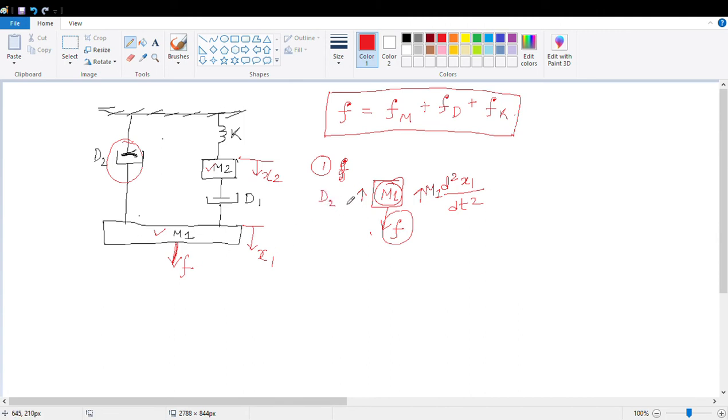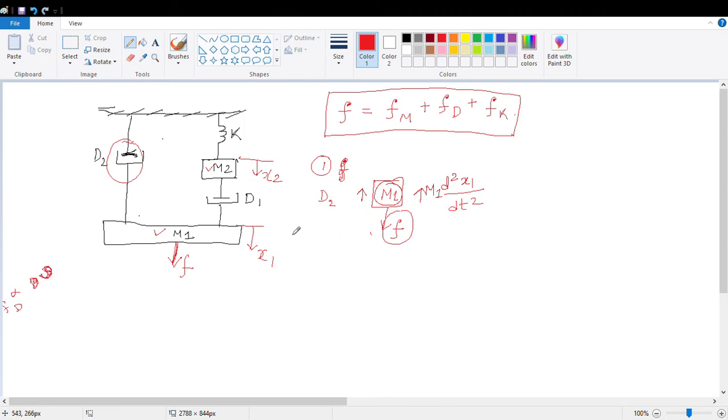We know, as we have written in our previous lectures, that the frictional force FD is proportional to the velocity of the system.